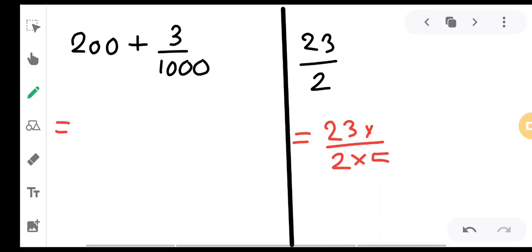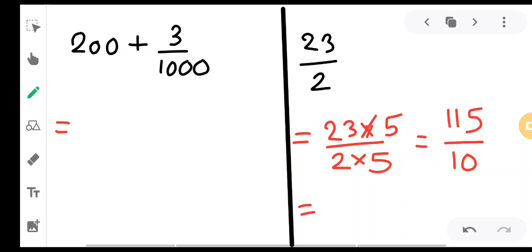So I am going to multiply this number with 5, and when we multiply the denominator by a number, we have to multiply the same number with the numerator also. So the answer is 115 upon 10, since 2 fives are 10. Why are we doing this? Because we have to convert this number to a denominator of 10, 100 or 1000. That fraction is known as a decimal number. Now our next part, to give the decimal point. Here only tenths are given, so we are going to give 11.5.